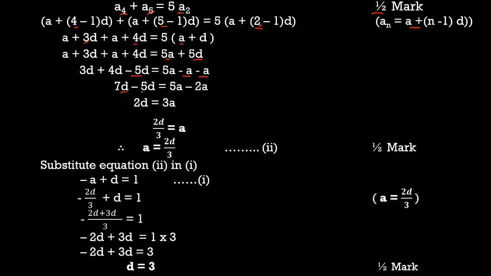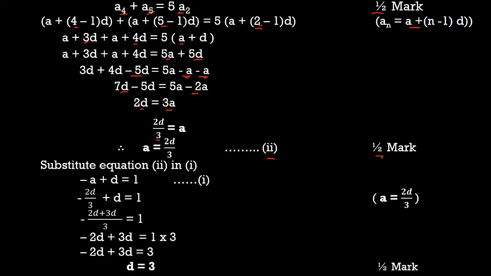Minus 5D is equal to 5A minus A is minus 2A. 7D minus 5D is 2D. 5A minus 2A is 3A. Write 3 this side, 2D divided by 3 is equal to A. Or we can write A is equal to 2D divided by 3. This is the second equation. For solving this equation, you will get half mark.